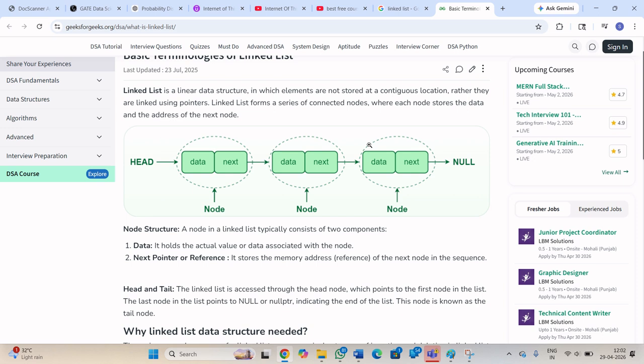Okay, so this is basically the singly linked list. We have told you about it.